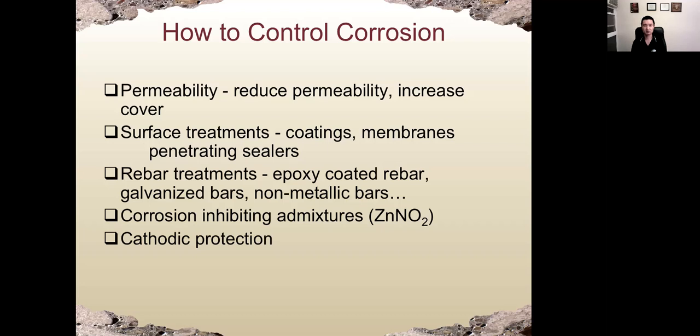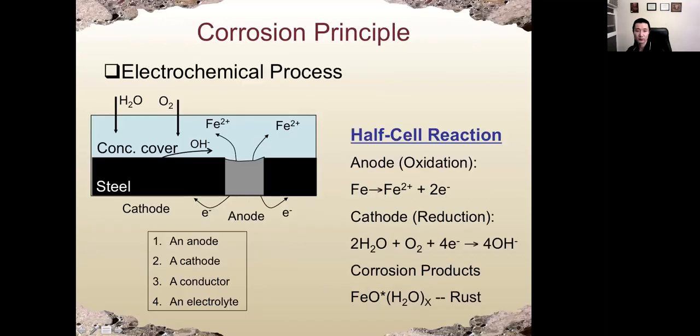Cathodic protection means we treat all the steel as cathode by using some methods, such as attaching a more reactive metal such as zinc or aluminum to the steel rebar. These more reactive metals, such as aluminum, will serve as anode. Go back to the chemical reaction of corrosion.